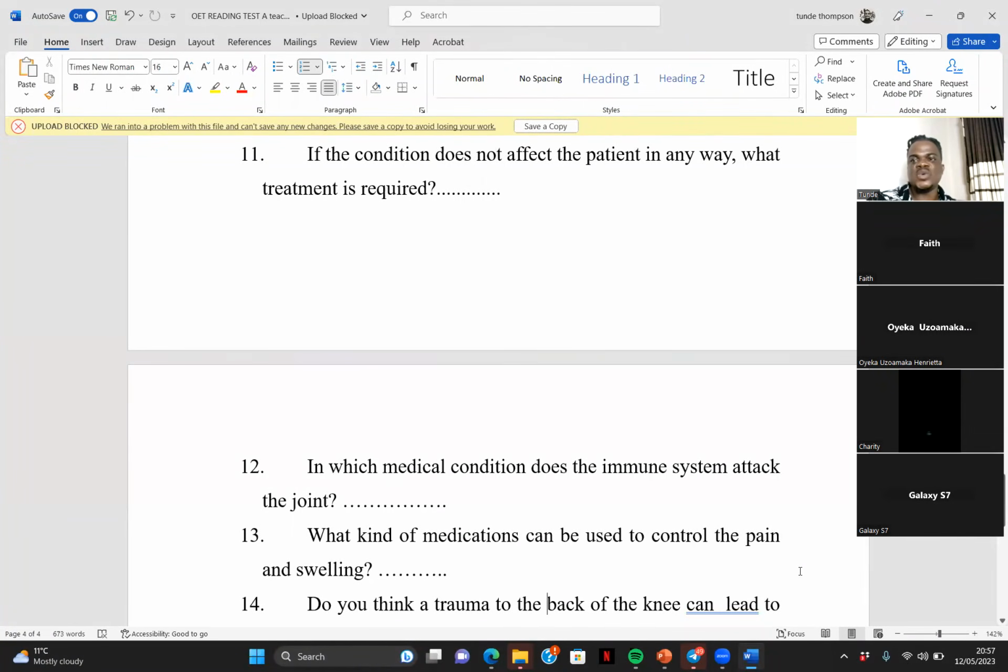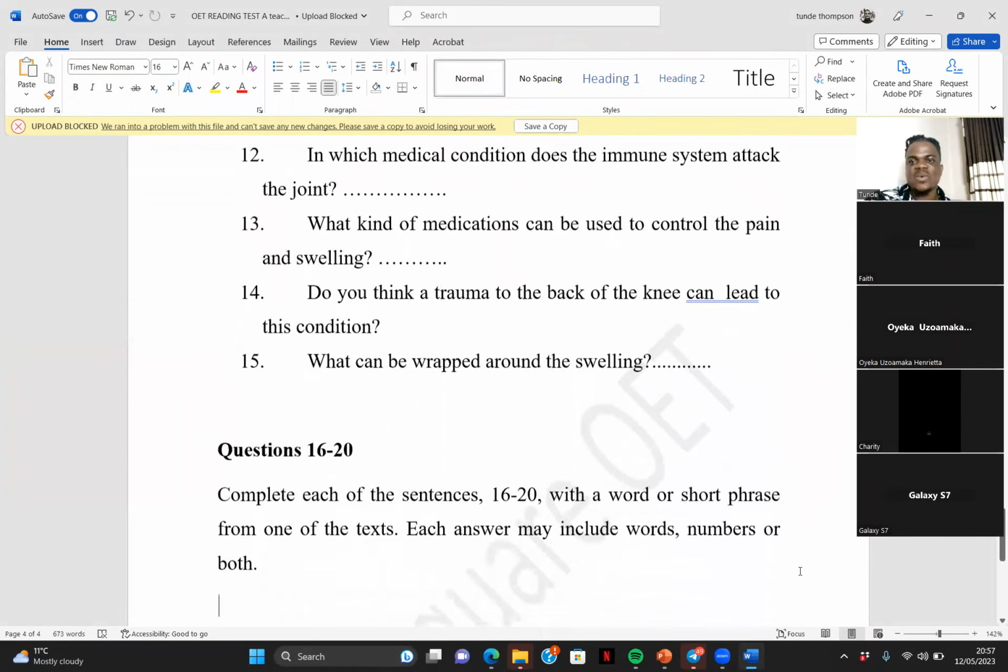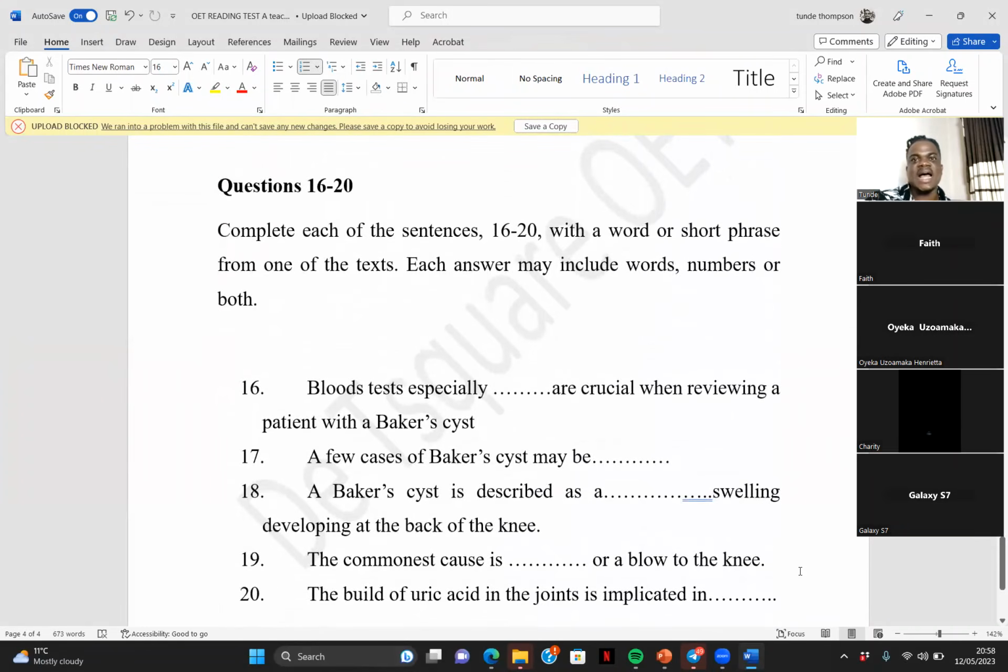Okay, so we've talked about how you match questions. We've talked about how you use words or phrases to answer your questions. Now, the next one, which is very tricky, and you can even fail easily, even when you think you've gotten the answer, will now be from question number 16 to 20. Here, we are filling in the gap. One tricky thing about this particular one is that whenever you are filling in the gap, your sentence must be correct.